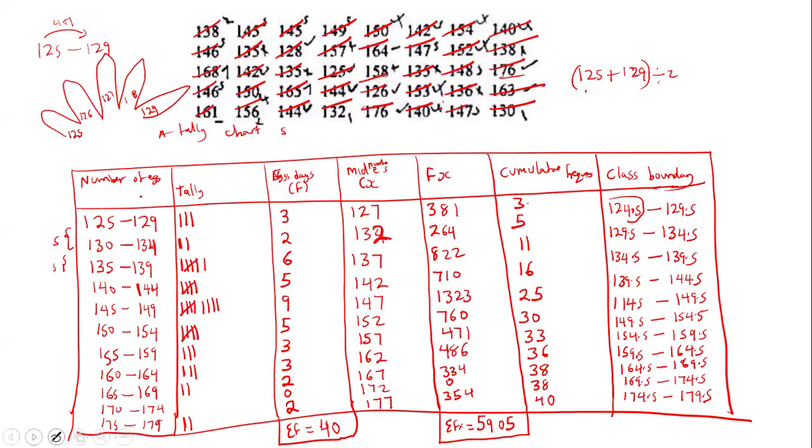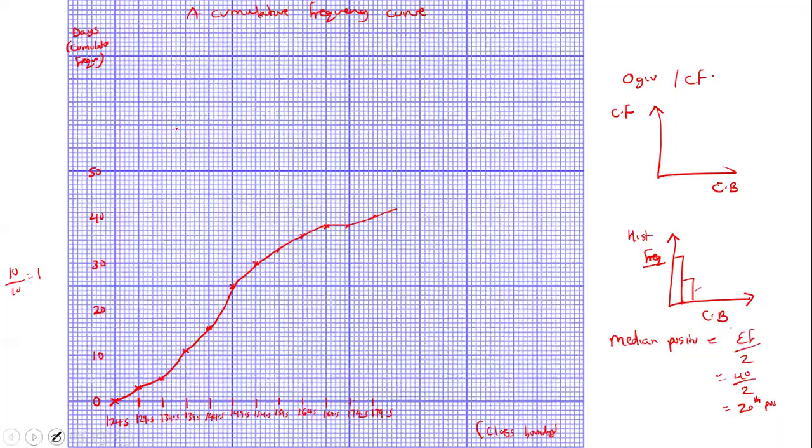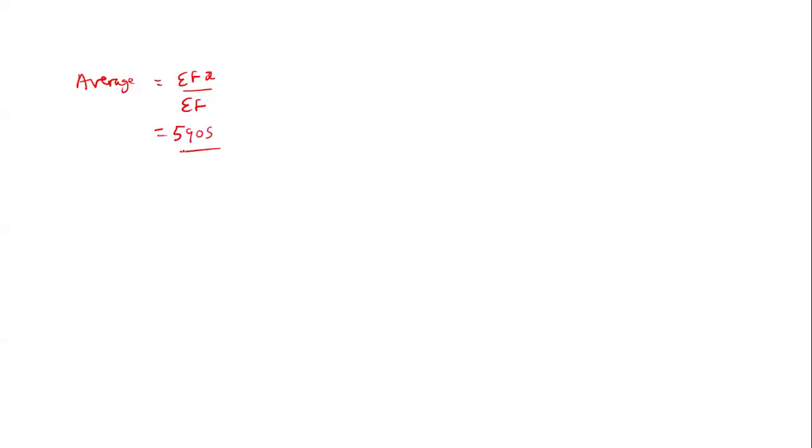The average equals summation of fx out of summation of f. The answer we had was 5905, so 5905 divided by 40. I don't know what members are getting. I'm getting 147.625.